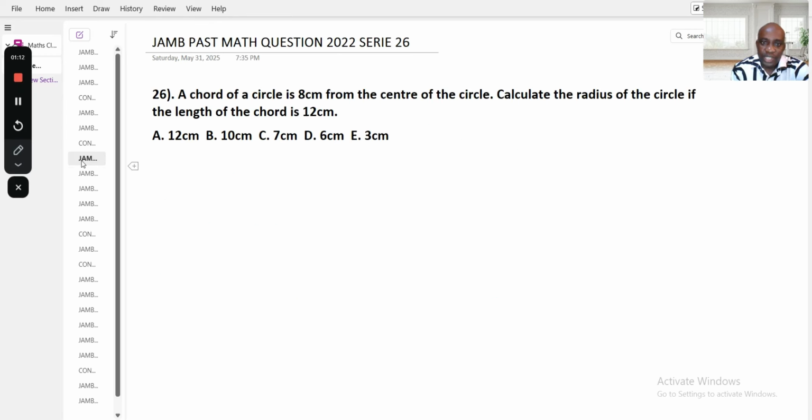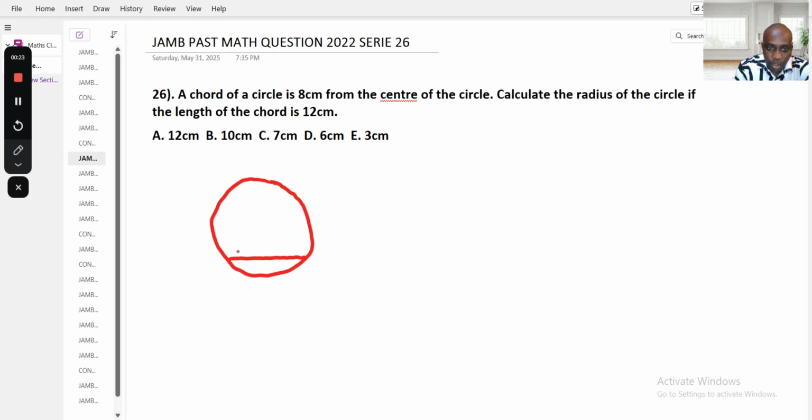A chord of a circle is 8 centimeters from the center of the circle. Calculate the radius of the circle if the length of the chord is 12 centimeters. Yes, let's draw a circle. This is the circle. What is a chord? A chord is this line.